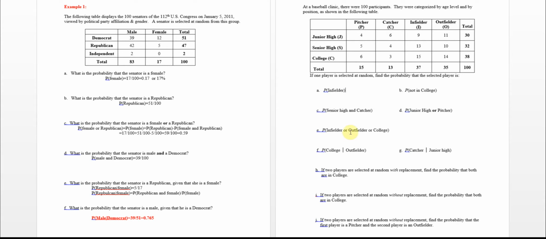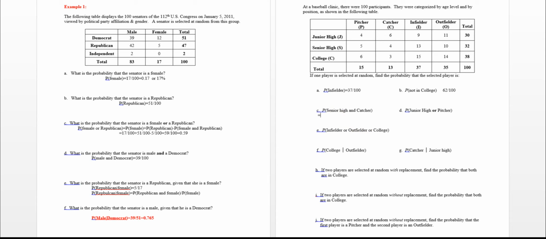If I want to find the probability that they're an infielder, I would take my total for the infielders and divide it by my total number present, which is 100. The probability that they're not in college, so I'd be considering only the junior highs and seniors, so 30 plus 32 divided by 100, which would give you 62 out of 100. Doing this a little faster, sorry.